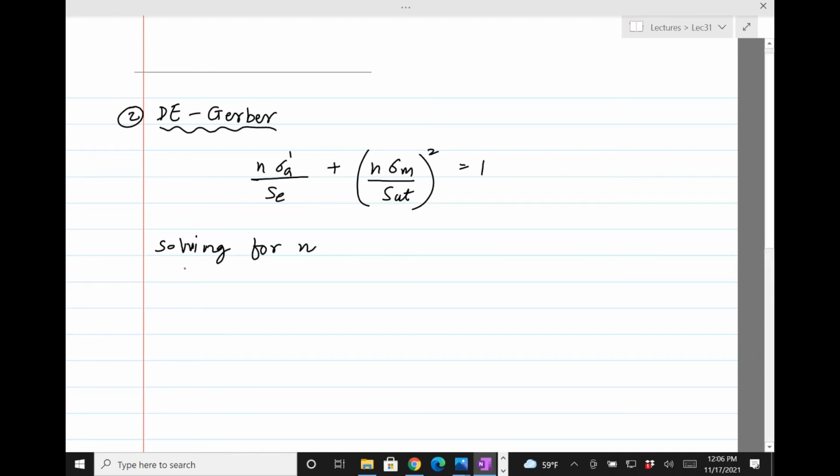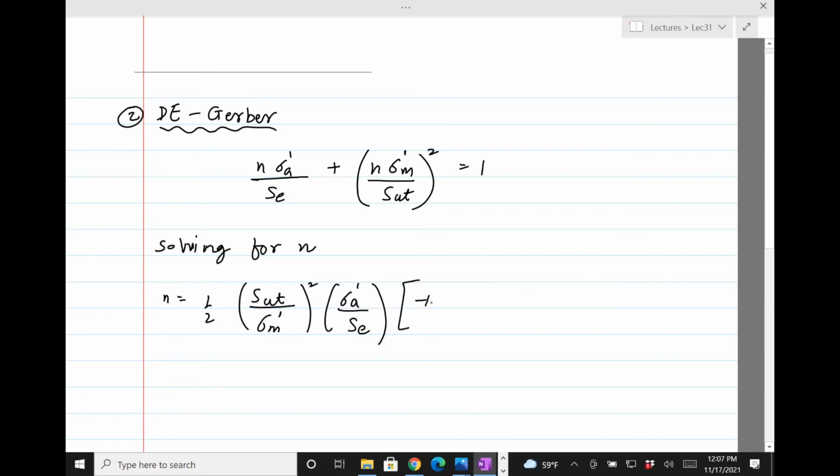So that root comes out to be n equals half of Sut divided by sigma m prime squared. Yeah, 2 sigma m, this should be prime too. Sigma m prime, sigma a prime, Se.